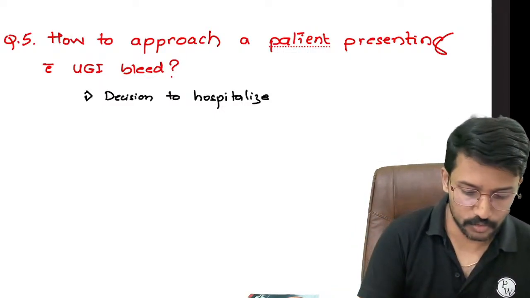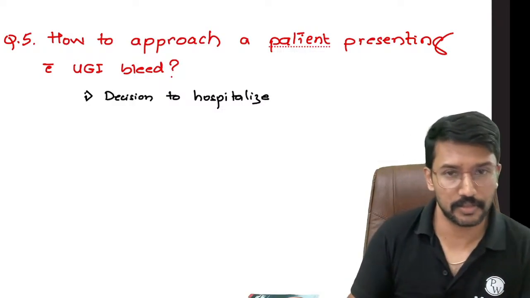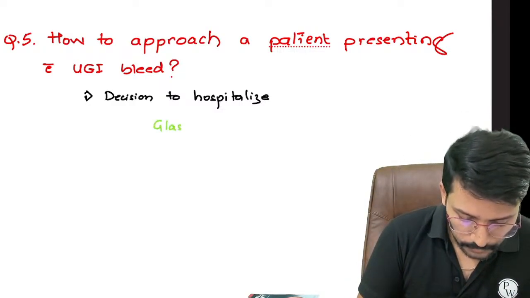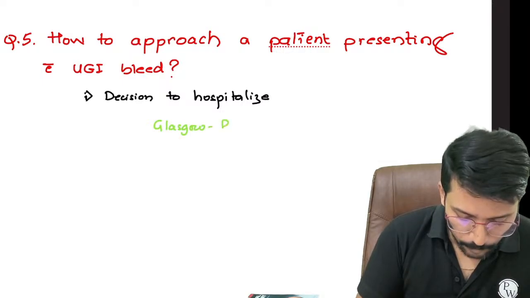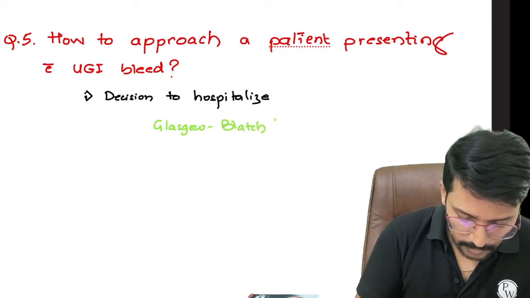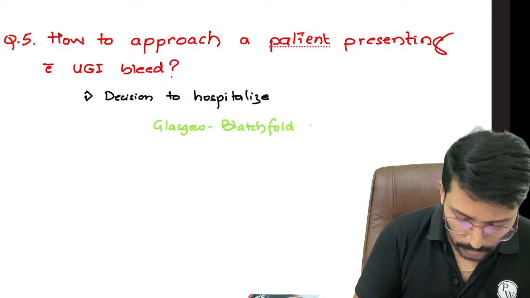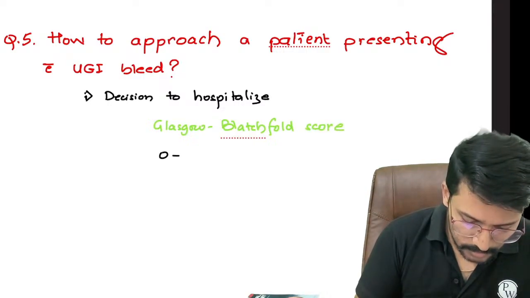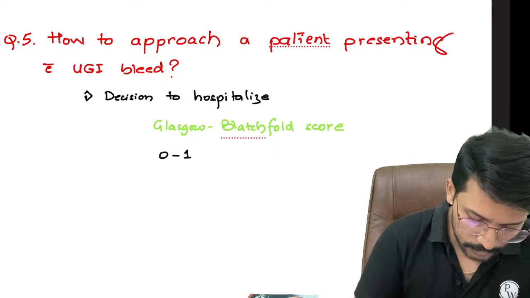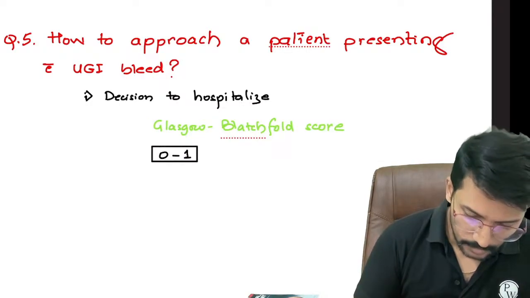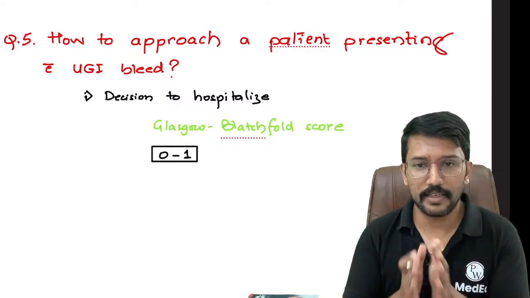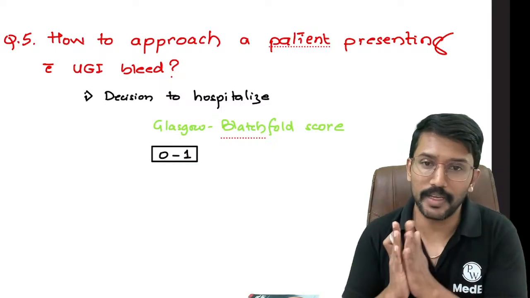Anybody has an idea what is the score used to decide about hospitalization? The score is called the Glasgow Blatchford score. If the score is 0 to 1, then such patients do not require transfusion, and it is unlikely that these patients will require any endoscopic intervention.